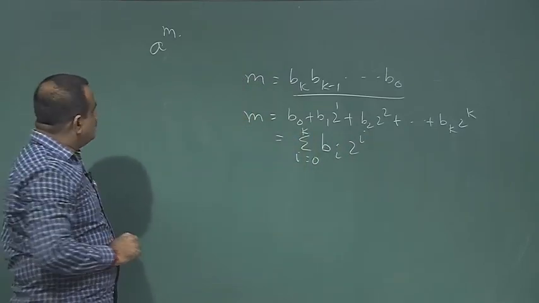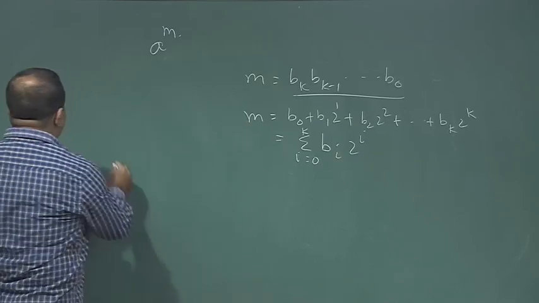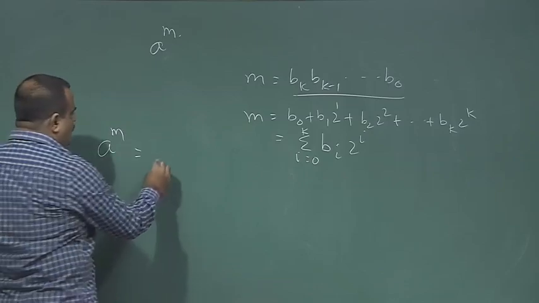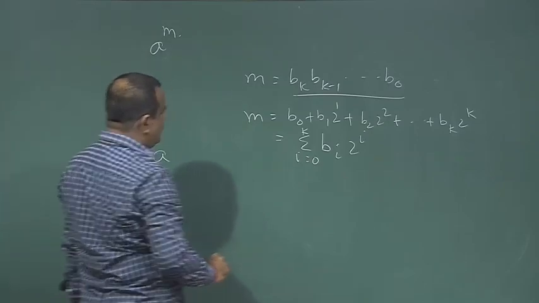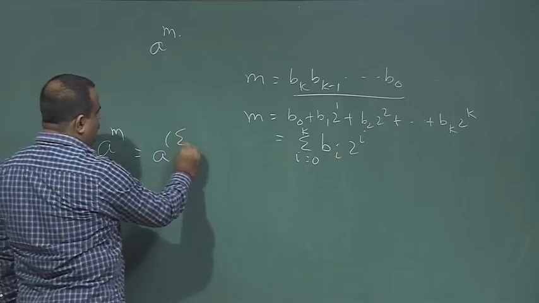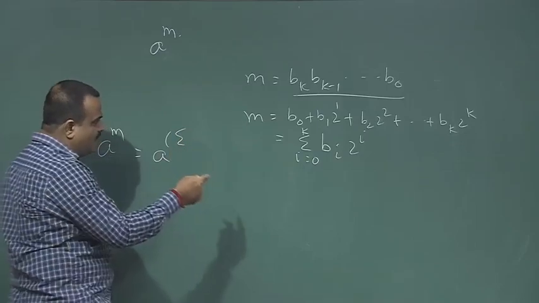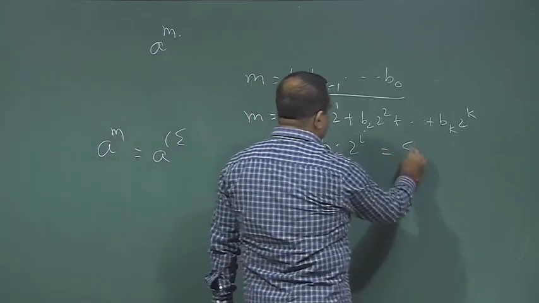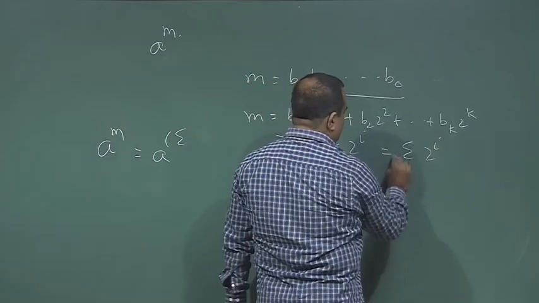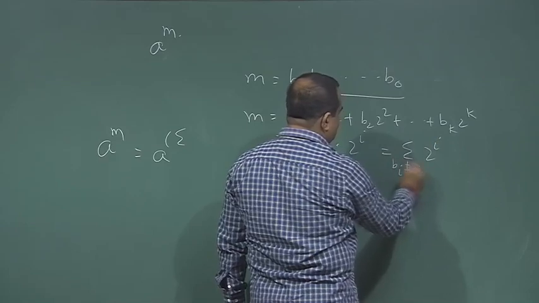Now we are calculating a to the power m. So a to the power m we can write as a to the power summation of 2 to the power i, where bi is not equal to 0.